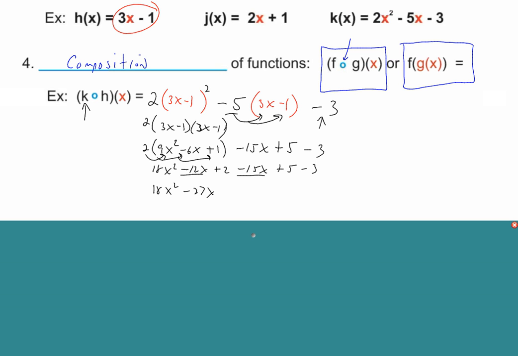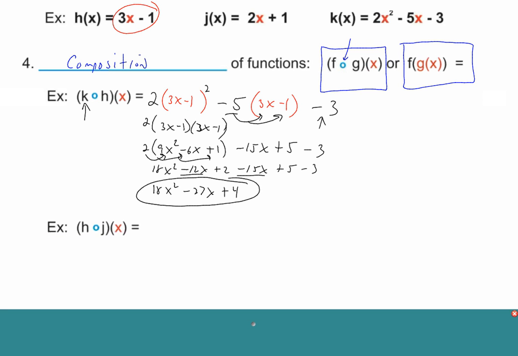And then 2 and 5 is 7. 7 minus 3 is a 4. So 18x squared minus 27x plus 4 is the composition of k composition h of x. Hey, that's nothing that's hard. It's got a few steps to it.